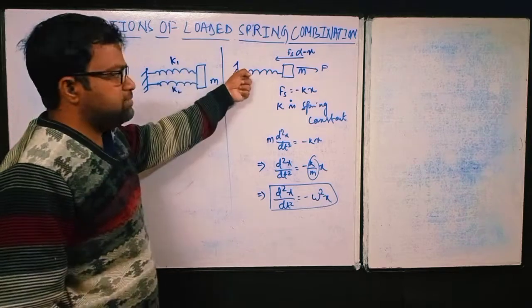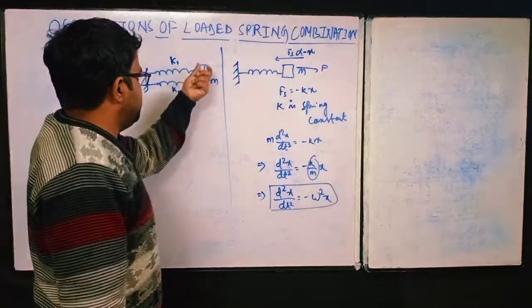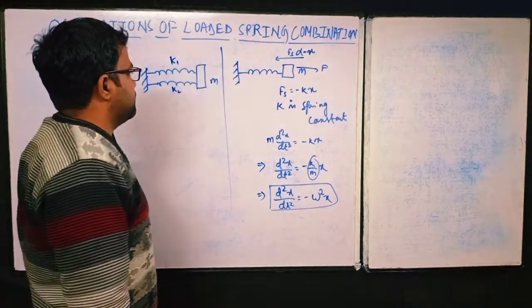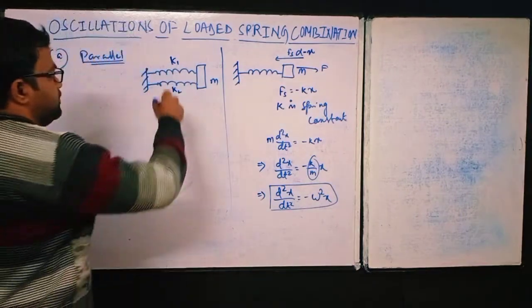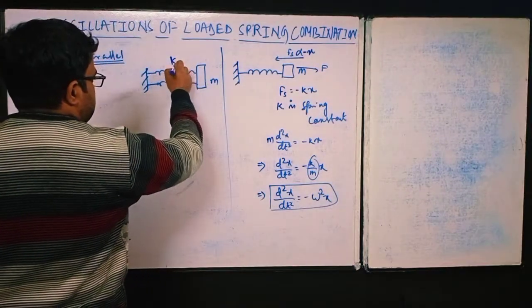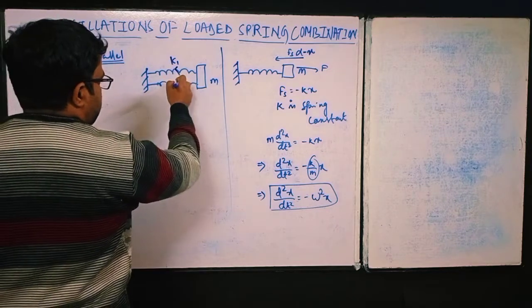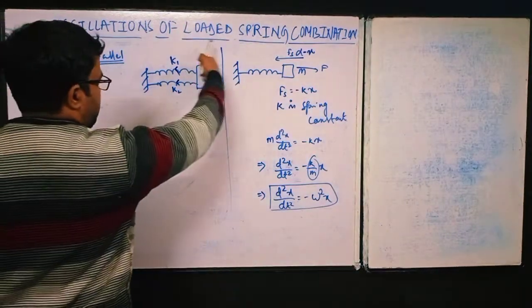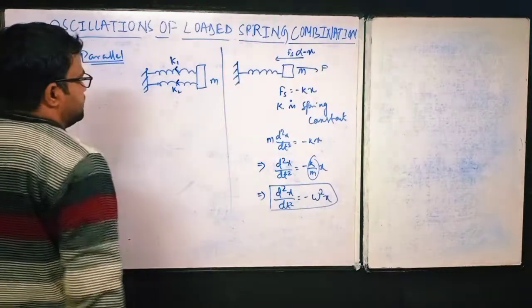When I pull this mass, both will expand and they will expand the same because it's the same mass I am pulling. Each will have a different restoring force, but the extension will be the same as I am pulling this object horizontally.